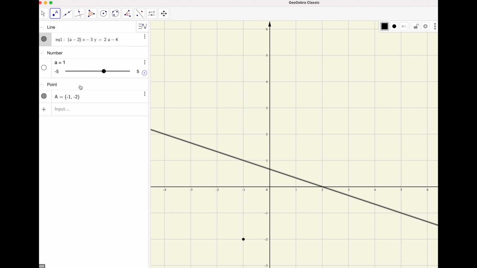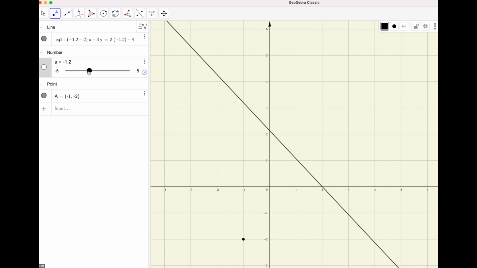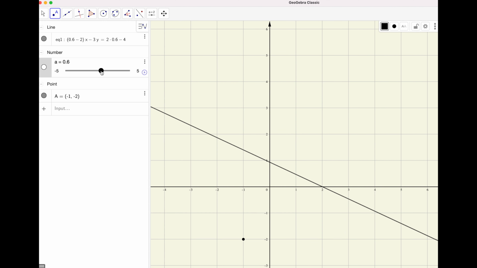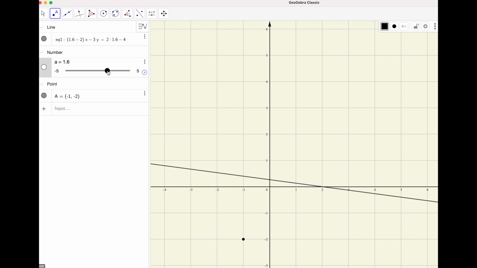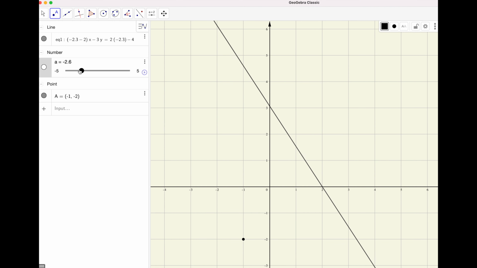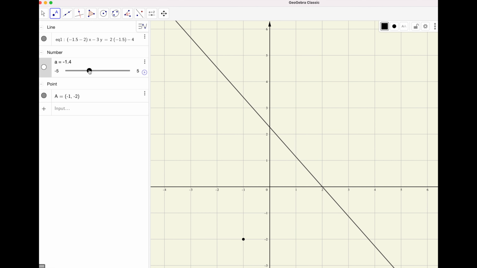But who cares? This can be done by GeoGebra for us. Let us move things around a little bit. It is also not very complicated, because now the x-intercept is fixed. You can check yourself that the x-intercept of all these lines is the same point.